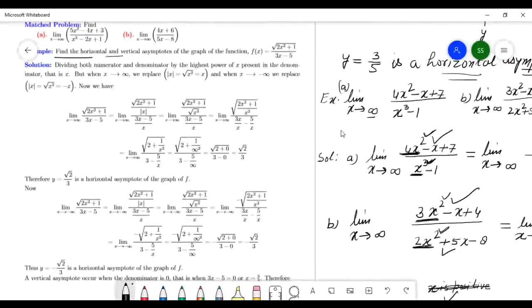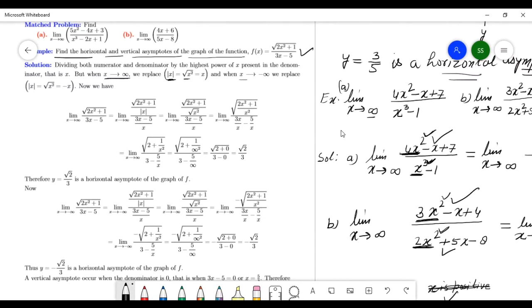Find the horizontal and vertical asymptotes of the graph of the function. Right? Here, mod of x equals x when x is positive, as x goes to positive infinity.